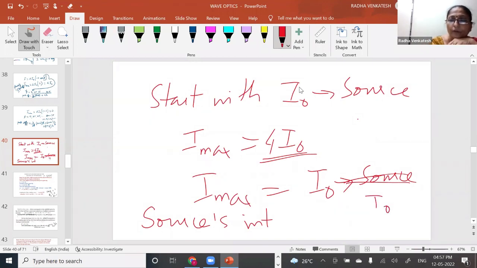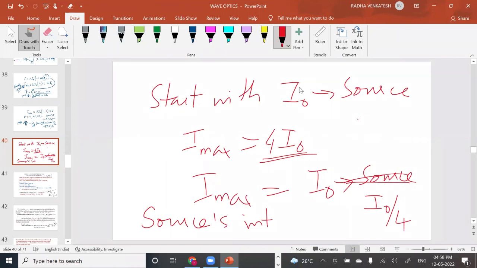I naught by 4. Are we clear? As I show you the questions, you will understand why I am asking you to know this I naught by 4. They'll say, what would be the intensity at some other point?